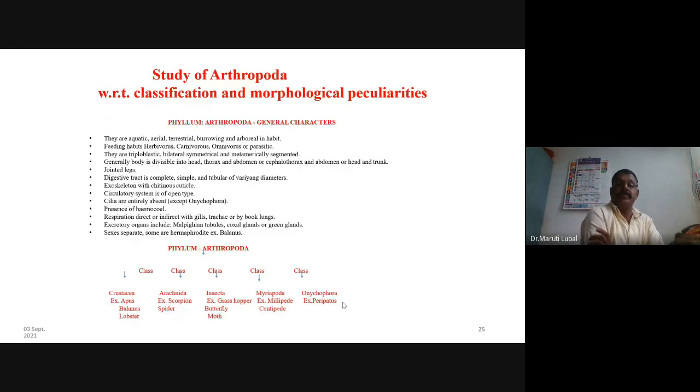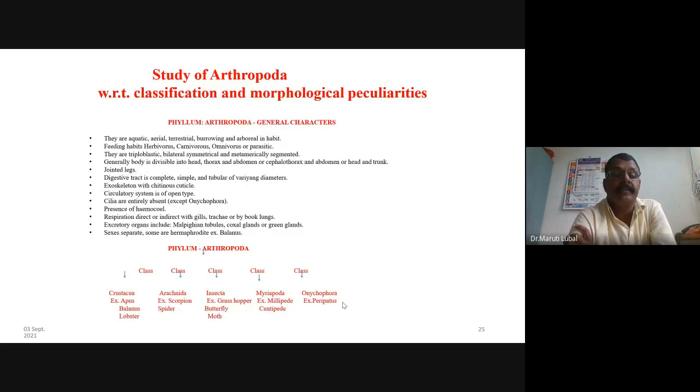Next phylum is Arthropoda. The phylum Arthropoda is divided into 6 classes: Crustacea, Arachnida, Insecta, Myriapoda, Onychophora. There are different general characters of the Arthropoda. First, they are aquatic, aerial, as well as terrestrial or burrowing and arboreal in habit.